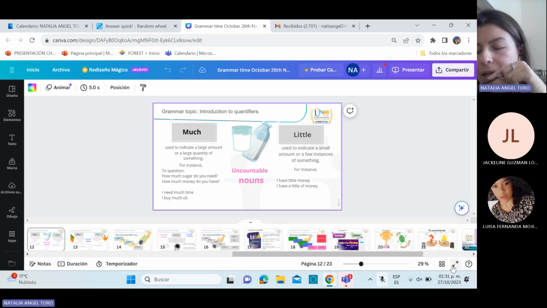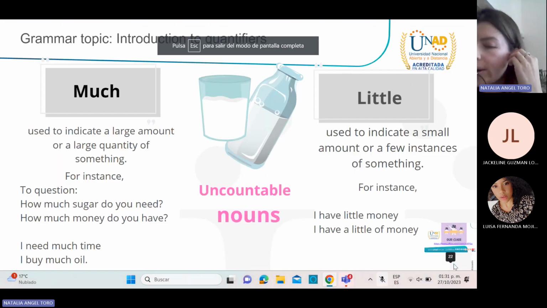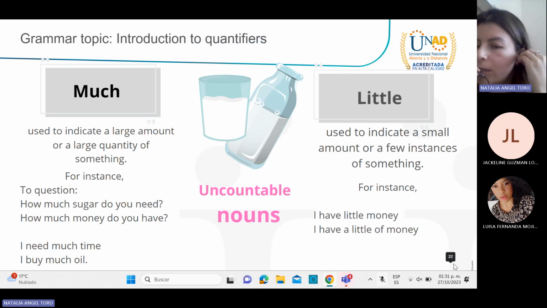So, little would be used in two ways: just using little, or adding an article before little, to say a little of.